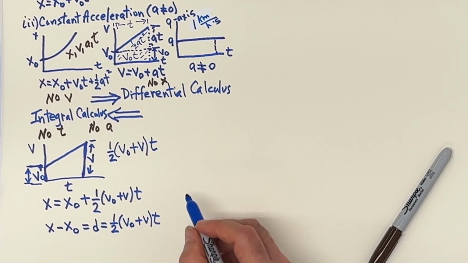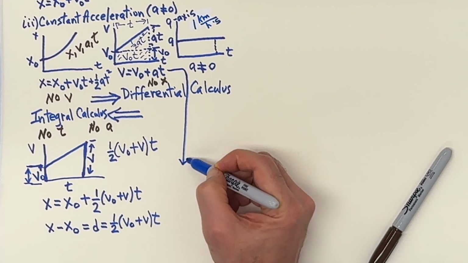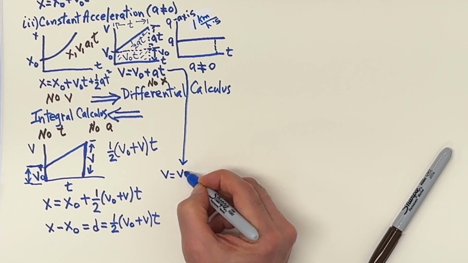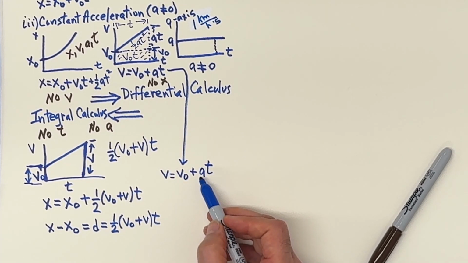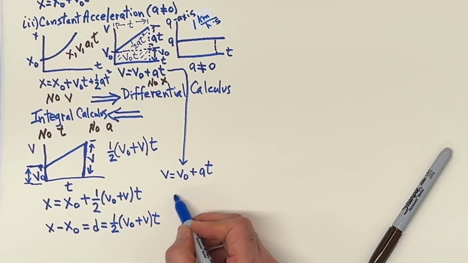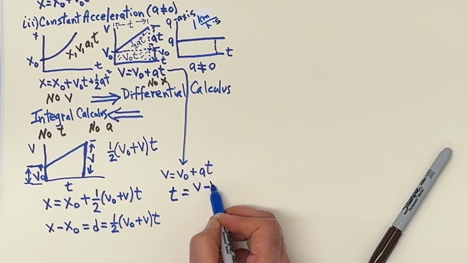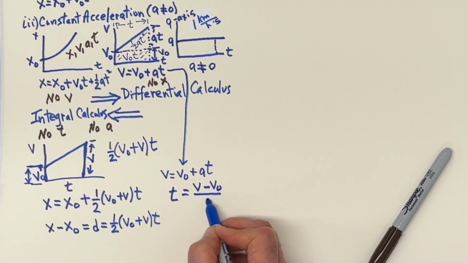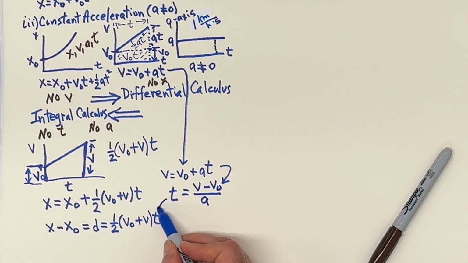So now what we're going to do is go to this equation up in here, v equals v naught plus at. Since we're looking for one now that has no t, we need to eliminate this t. So t is, from this equation, v minus v naught divided by a. Then I'm going to put this one in here to get rid of the t.